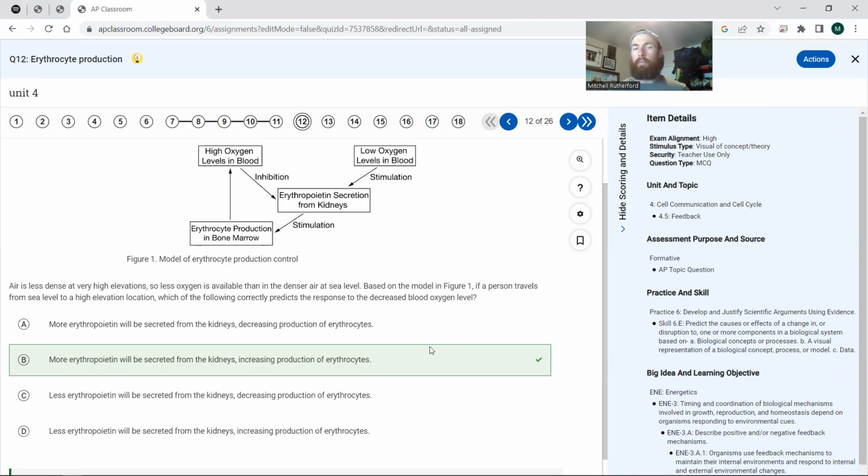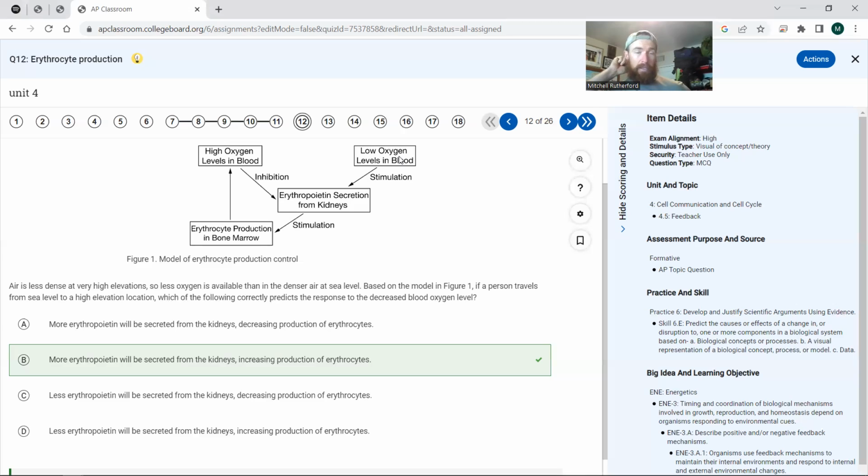Now let me explain it for a second so that we're comfortable with these concepts. Blood is produced in the bone marrow. There is less oxygen at altitude, and low oxygen means you need oxygen, and what carries oxygen is red blood cells. Red blood cells are called erythrocytes.